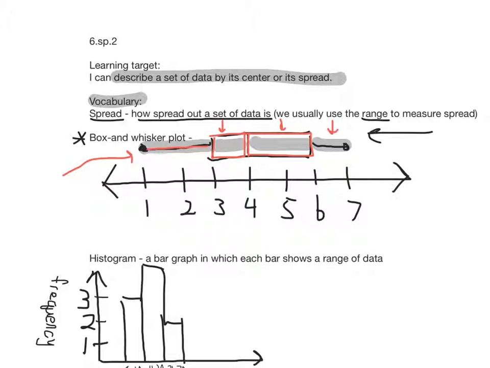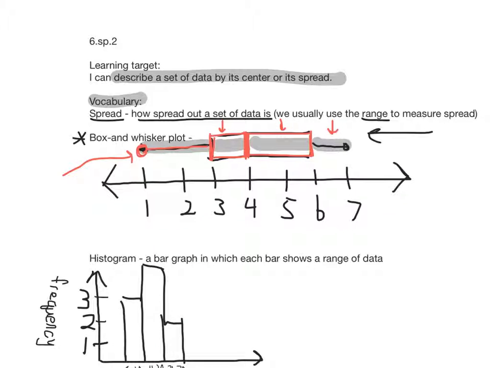The other things you need to know about the box and whisker plot, which you could probably have figured out already, is this number right here, 4. 4 is the median. It's the middle of that set. And that makes sense. If there's a fourth and a fourth and a fourth and a fourth, that's halfway. 3 is halfway from the smallest to the median.